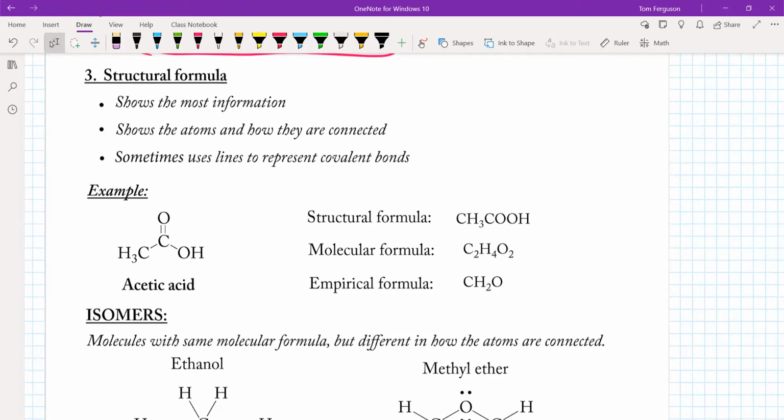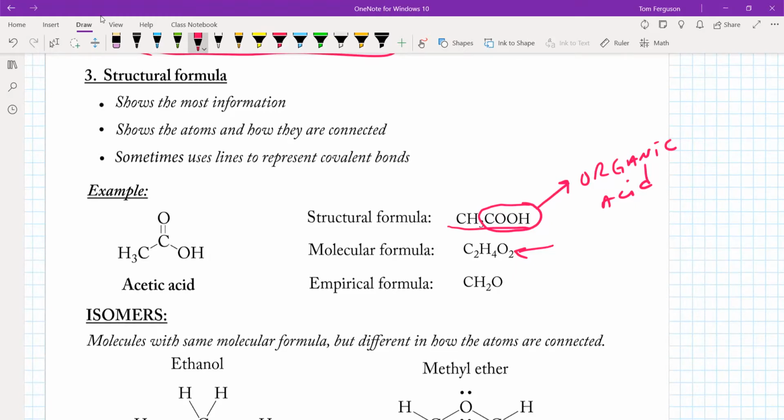For example, if we're looking at the structural formula for acetic acid, usually it's written like this. For example, this ending is for an organic acid. So this shows you that formula is an acid. This doesn't, it doesn't say anything. It just says how many carbons, how many hydrogens, how many oxygens.